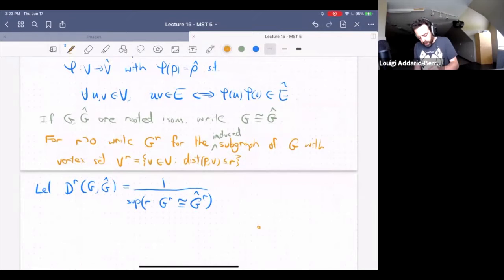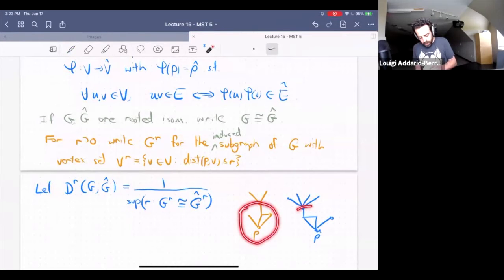So, if here's one graph and here's another graph, and the roots are here and here, then there's a rooted isomorphism of the distance 2 neighborhoods of the roots.